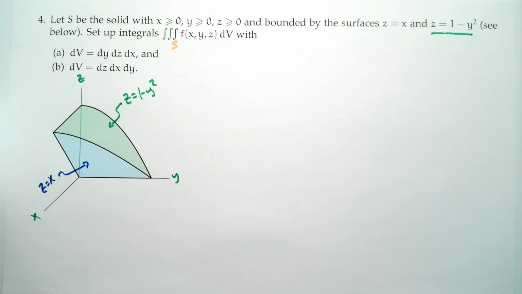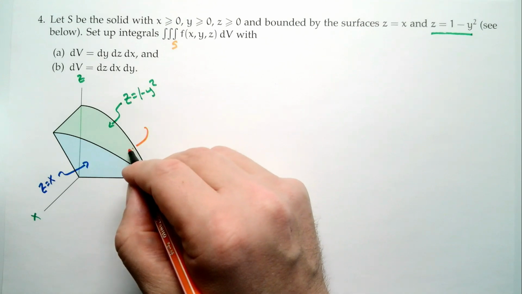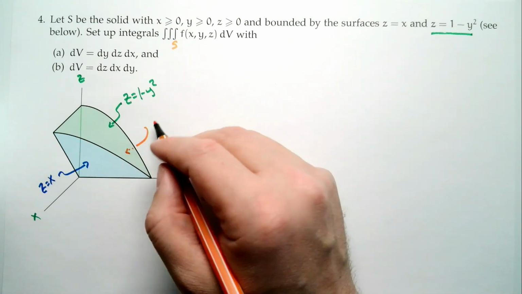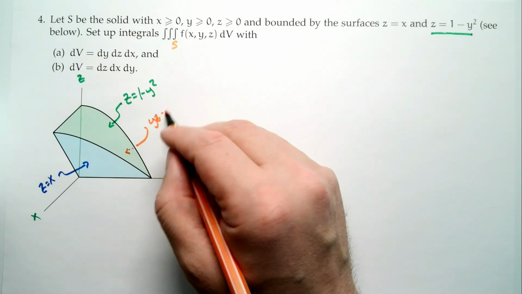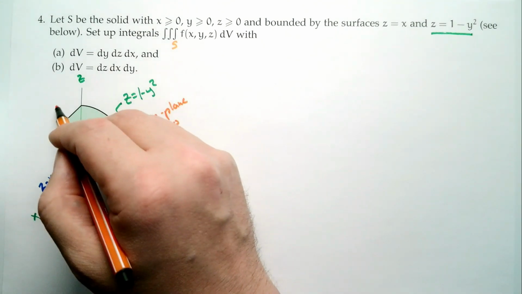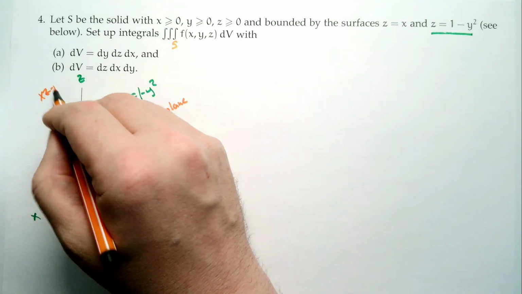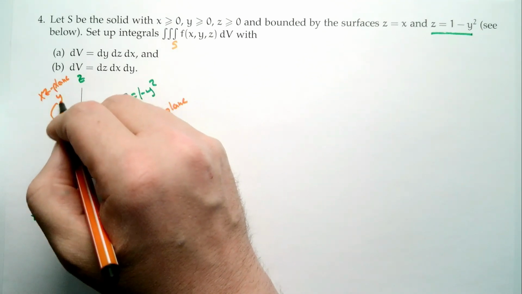So that's that surface. Now, you might notice that this actually has two other bounding surfaces, but we can't see them right now because they're on the back sides. So one bounding surface over here, that is the yz plane, also known as x equals 0. And the other bounding surface is the xz plane, also known as y equals 0.